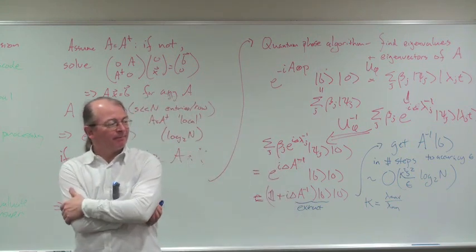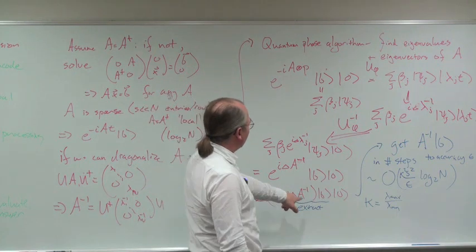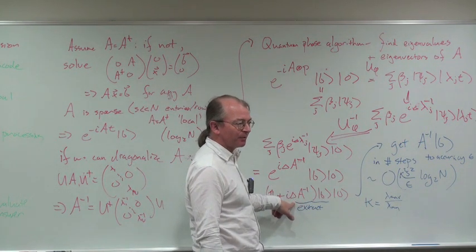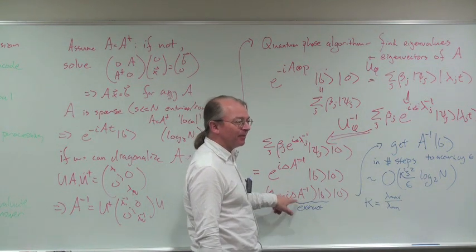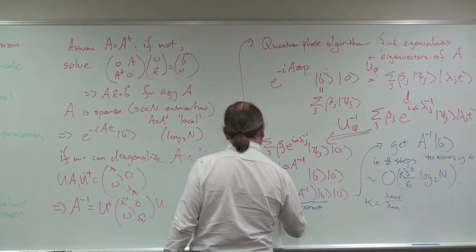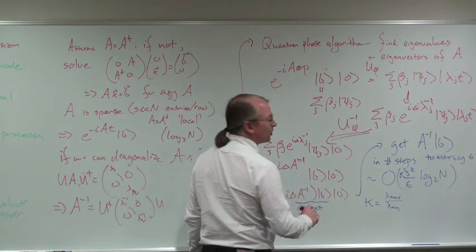So do you repeat this process until you get complete answers? Right. Here you have some amplitude of finding A inverse B, and so you just repeat the process until you get it. Yeah, you just need to keep repeating. That's right. There are all kinds of sneaky things.